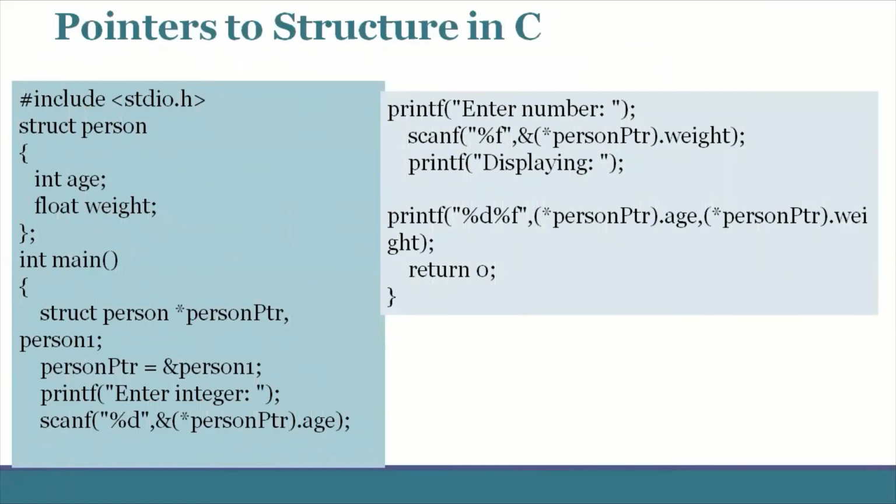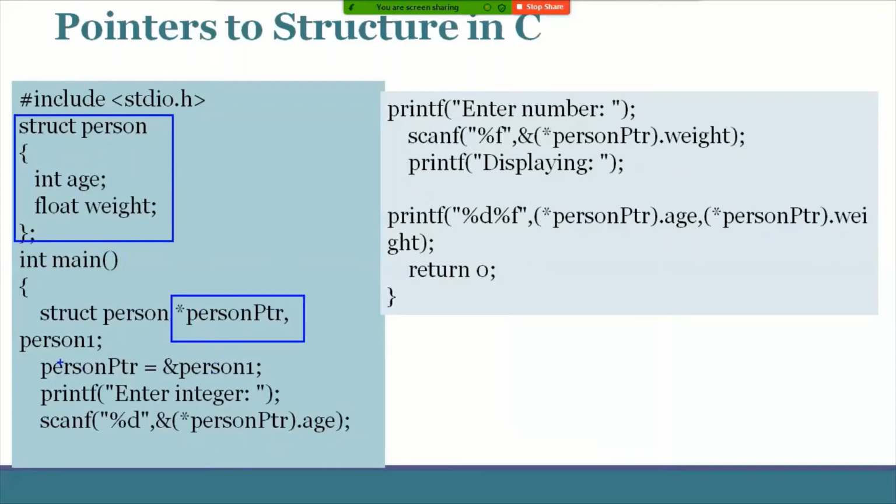Then pointers to structures example program. Here structure person is declared and a pointer variable is declared, and that pointer variable is initialized with the ordinary structure variable person 1, and that one is initialized with the help of the pointer variable only, without specifying the arrow operator but with the dot operator.